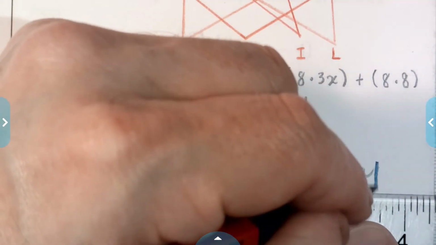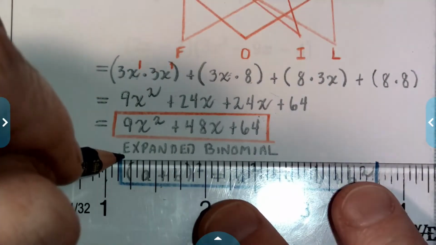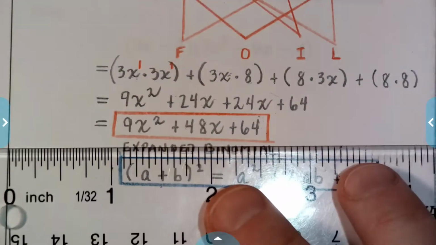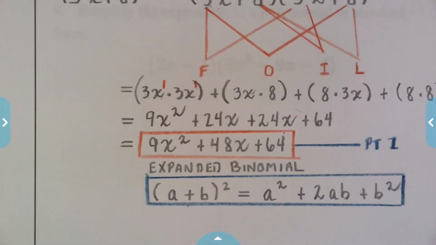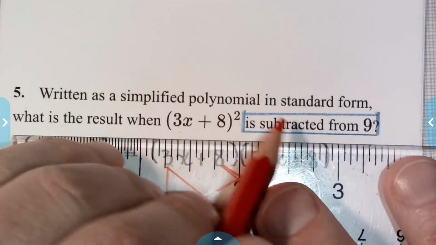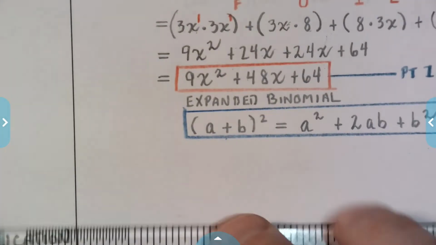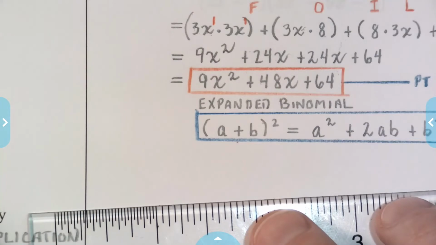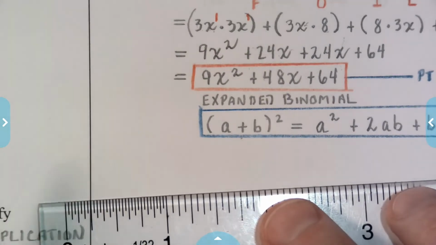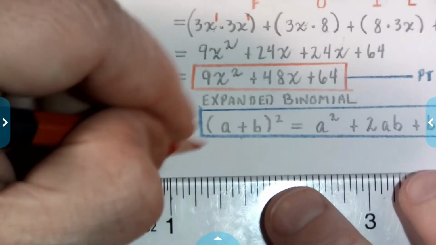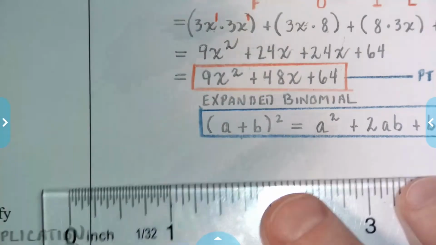And now we have to bring in, I'm going to call this part 1. Okay. So like we got that first part. Now this is subtracted from 9. Okay? So let's write that down.